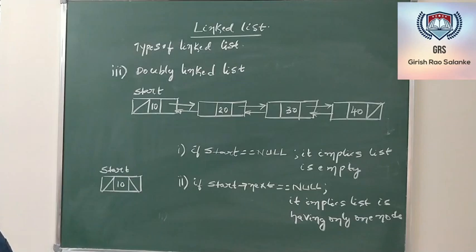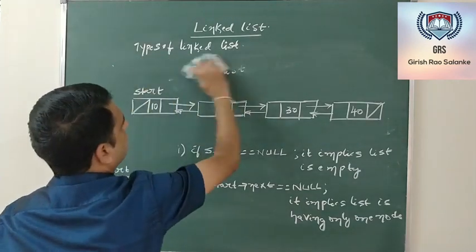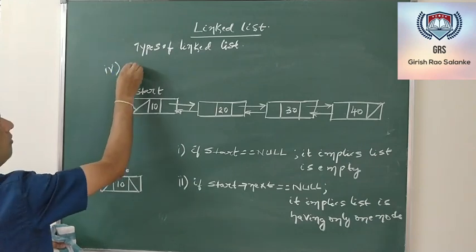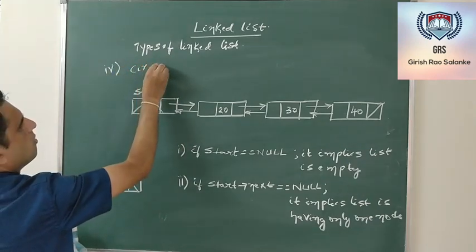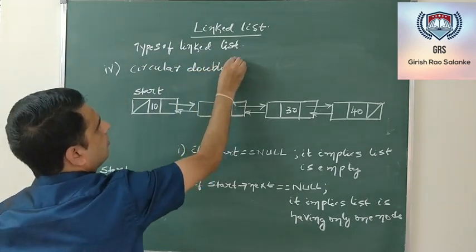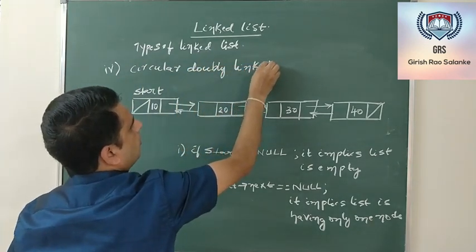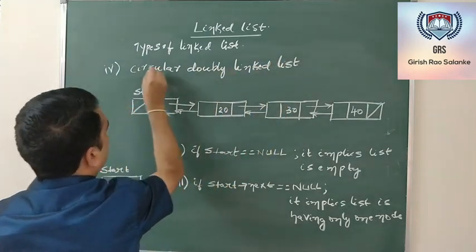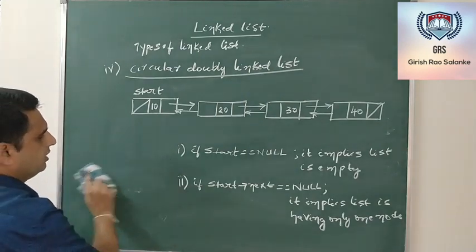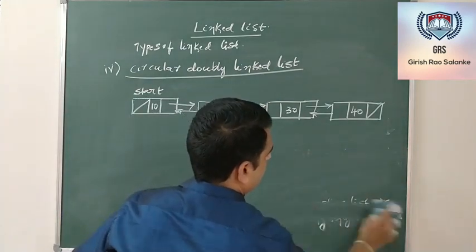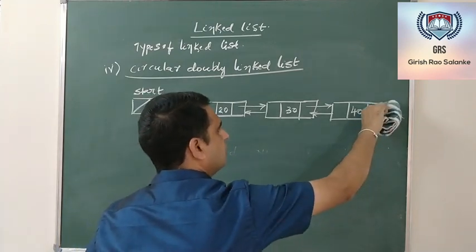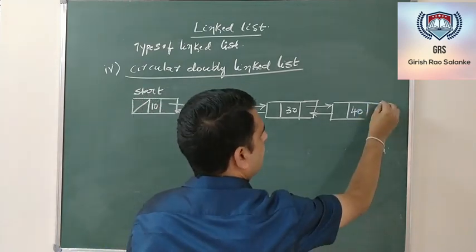Now we can have one more linked list, the fourth category, as a circular double linked list. Now what you can make in case of circular double linked list is, the last node in its next field was null.